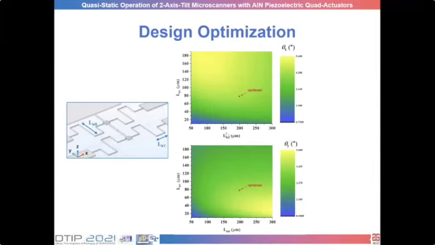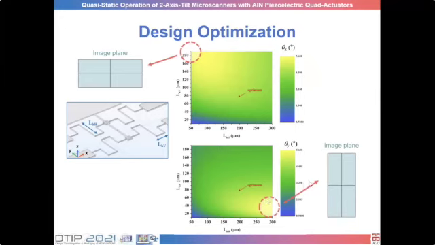hinge combinations. For example, if we want to have high theta x, then we can choose this hinge length combination. But due to the small theta y value for that hinge length combination, it results in this type of image plane. On the other hand, if we choose this area, then it will have this image plane.